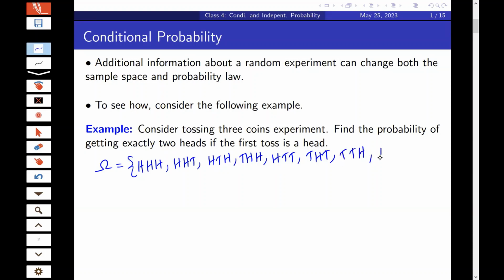These are all the possible outcomes when you are tossing 3 coins at once. This means first one is head, second coin is head, and third coin is head. First one is head, second one is head, third one is tail, and so on.